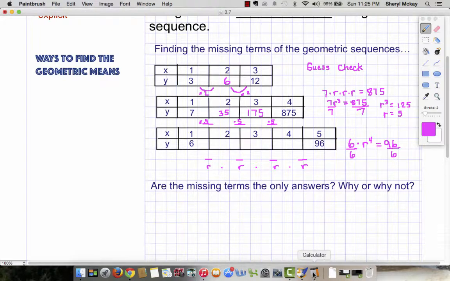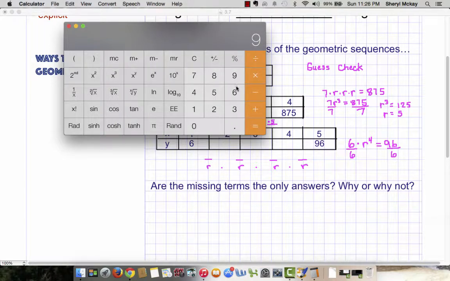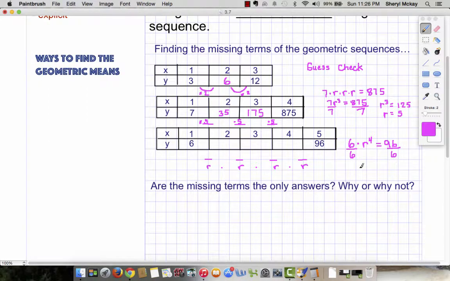And when I have 96 divided by 6, I get 16. So that means r to the 4th equals 16. So what number times itself 4 times gives me 16? Now I could plug that into my calculator again, but I think I know what it is. It's going to be 2.